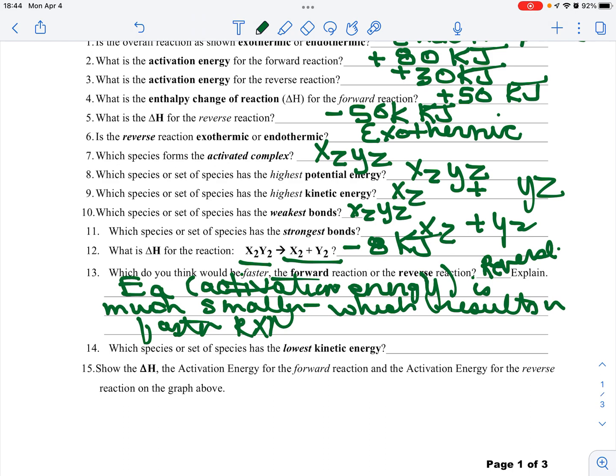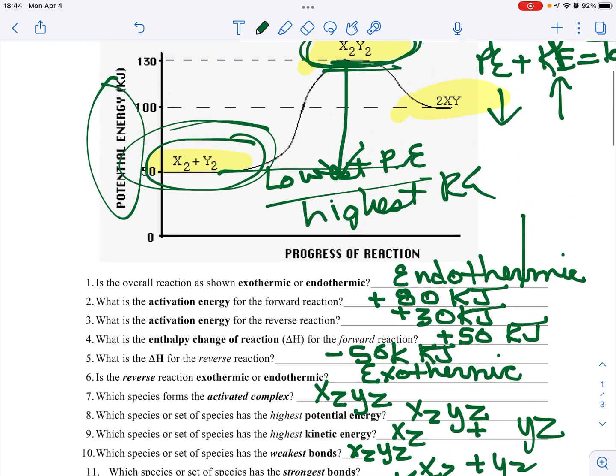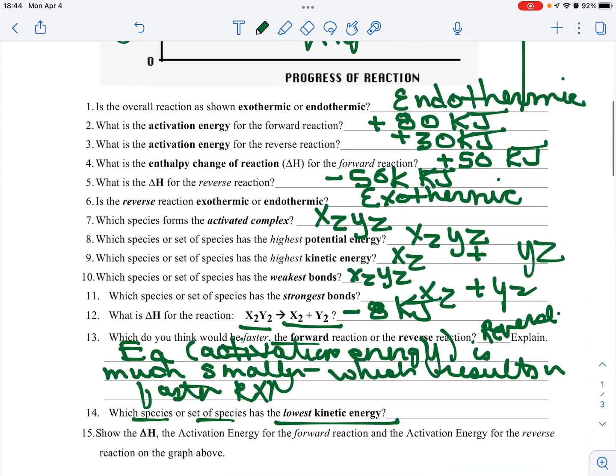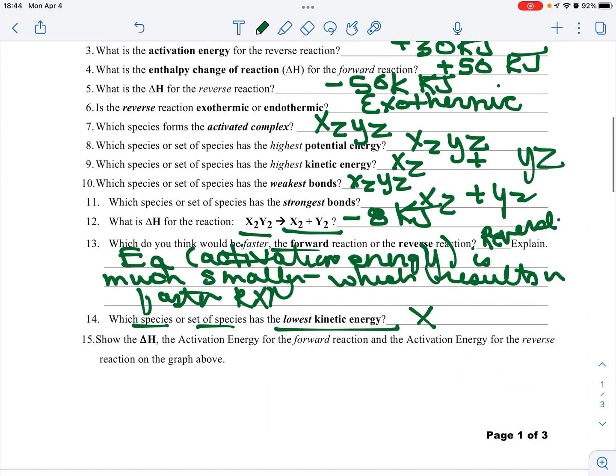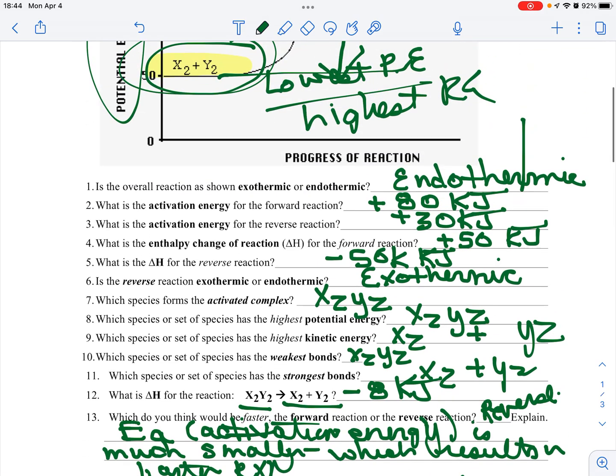Which set of species has the lowest kinetic energy? The lowest kinetic energy would be the one with the highest potential, my activated complex. And then show the delta H for the forward reaction and the activated complex on the graph above.